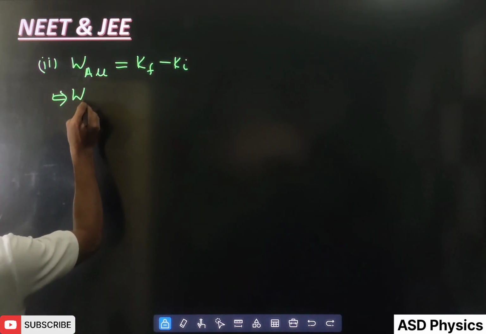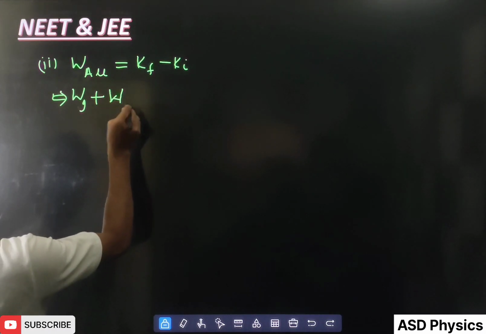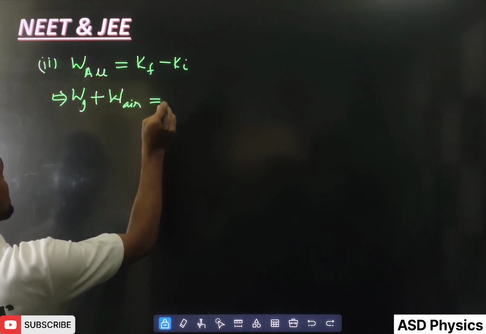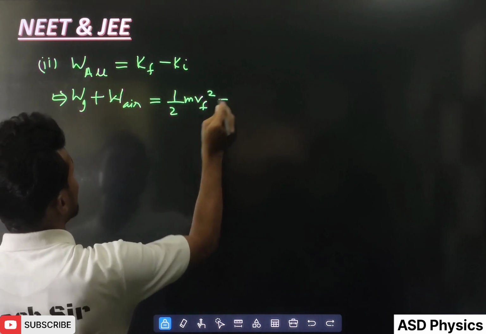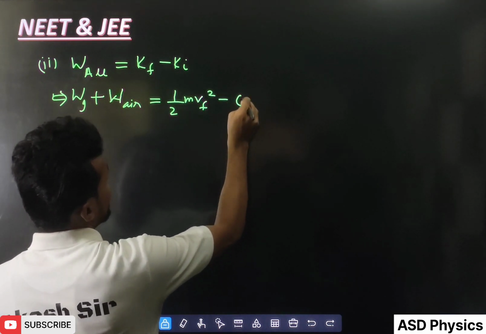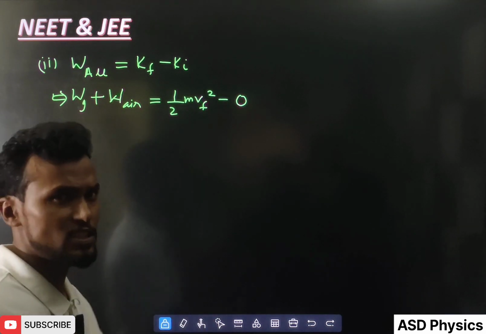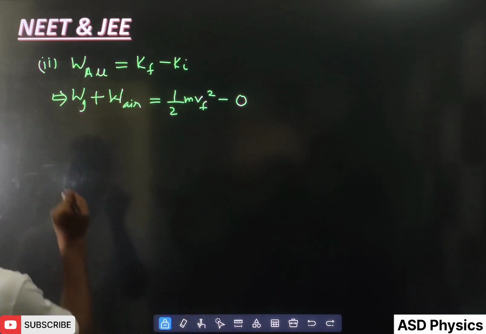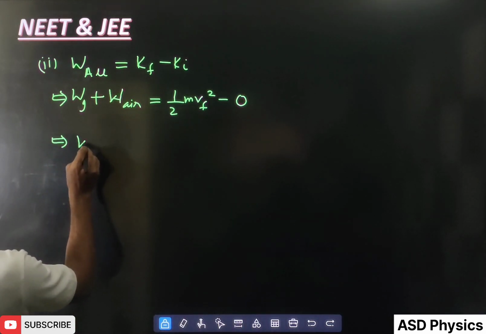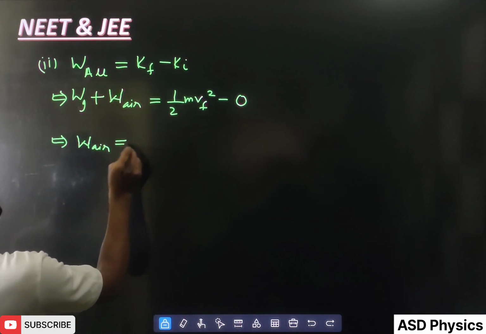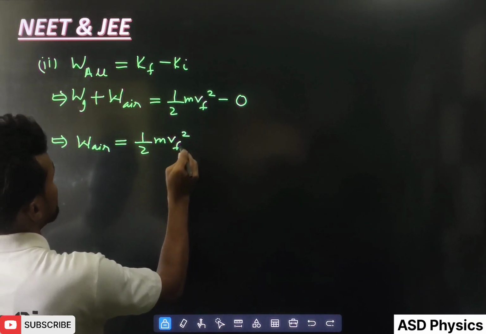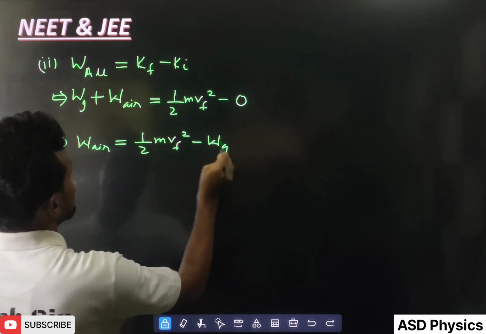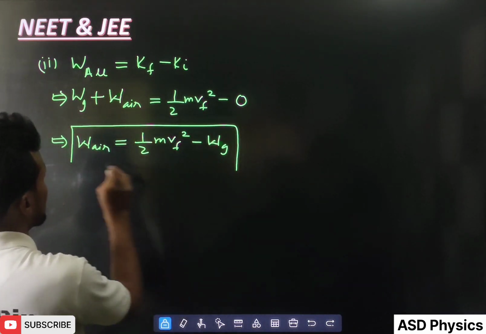One is the gravitational force, and the other, as the question says, is the air resistance. Final kinetic energy we can write as half m vf square. Initial kinetic energy is 0, as Vi is 0, because the drop is just falling. So the work done by the air resistance is given by half m vf square minus Wg. This is the formula we have got.